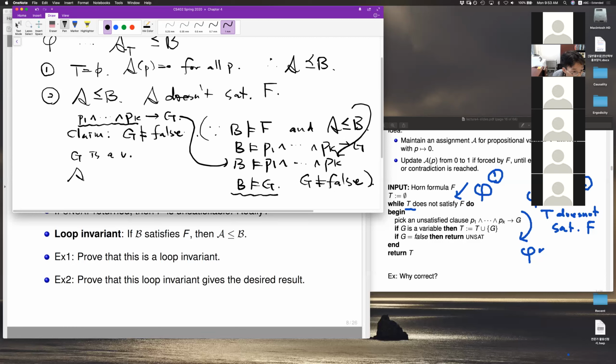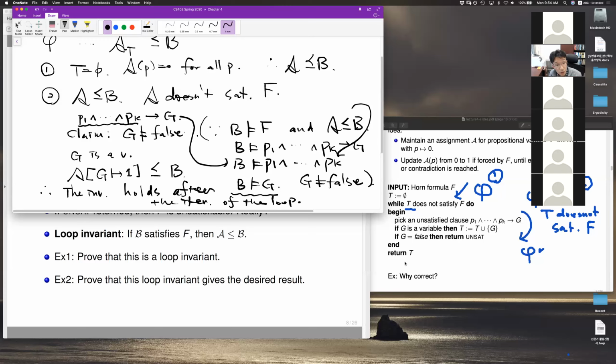If you set A where the variable G is now mapped to 1, this is still going to be less than or equal to B, because B also maps G to 1. So that shows the invariant holds after the iteration of the loop.